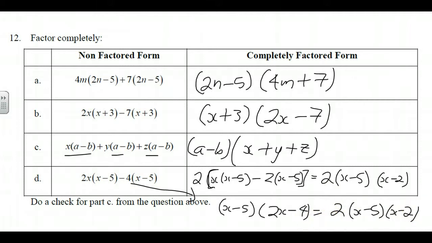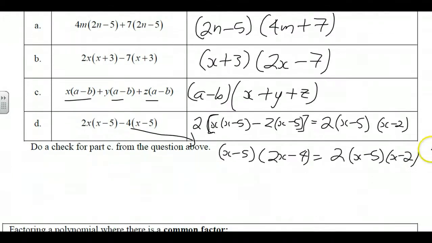Do a check for part C. So I guess doing a check means, let's expand this out. XA minus XB plus YA minus YB. Okay, hang on. Violation, violation.